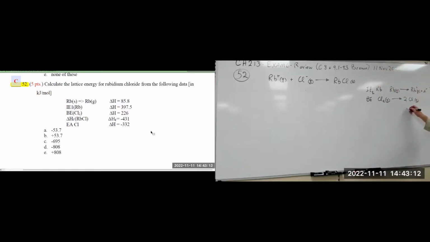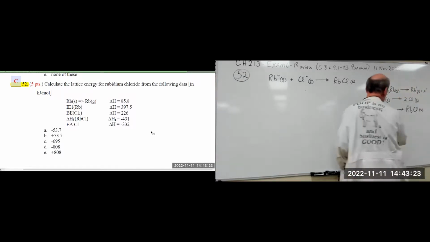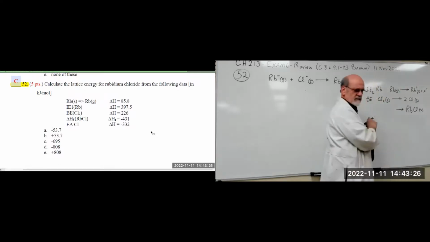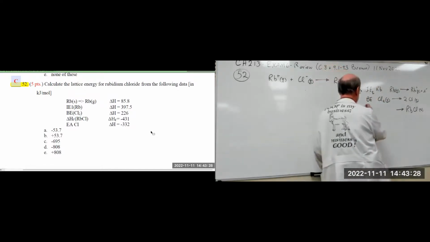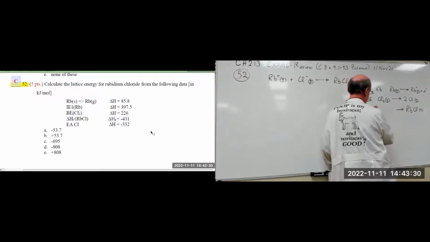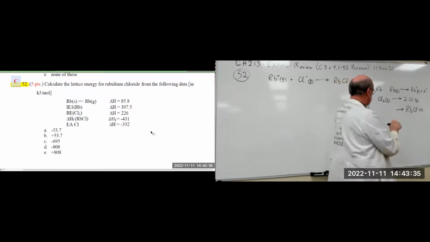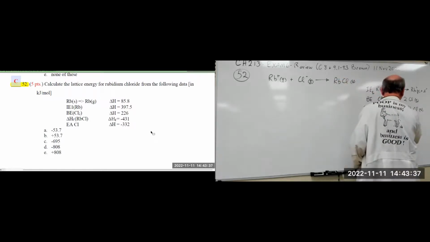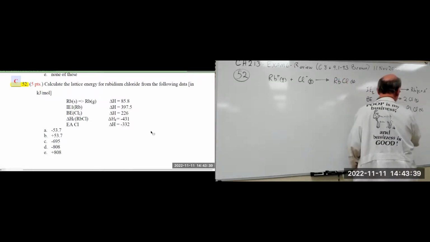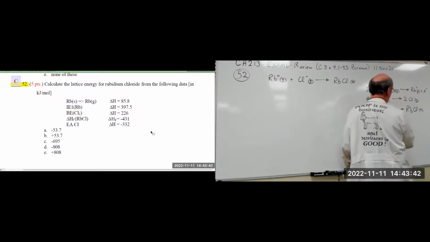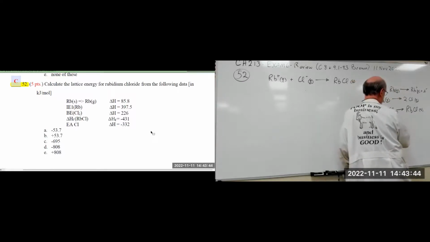Delta HF, that's the enthalpy of formation, the heat of formation of rubidium chloride. Remember how to write that one? You start with the product, rubidium chloride solid, and then you work your way back. You work from the most stable form at room temperature and 1 atmosphere pressure.